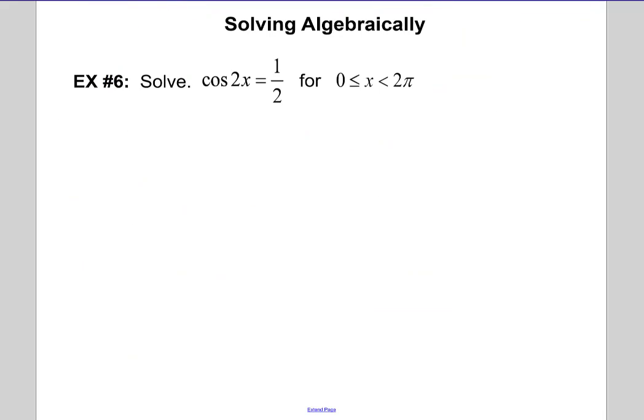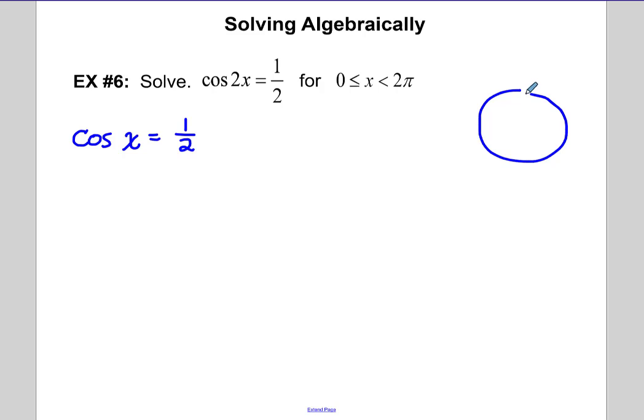And then our last example, oh no, we got 3 more examples. So example 6, we're going to solve for a double angle. Now, here's what happens. Since cosine, let's think about solving cosine for the single angle. Cosine of x is 1/2. Where does that happen?